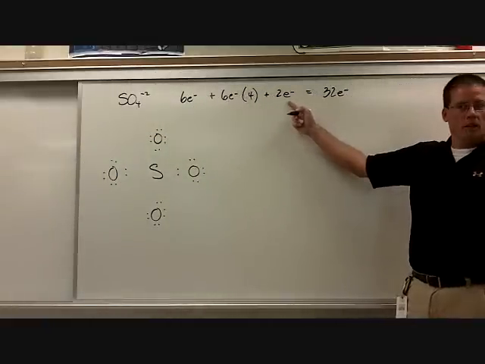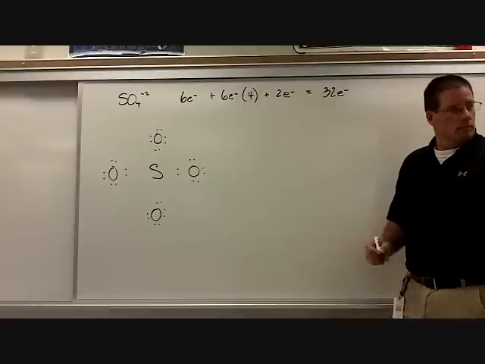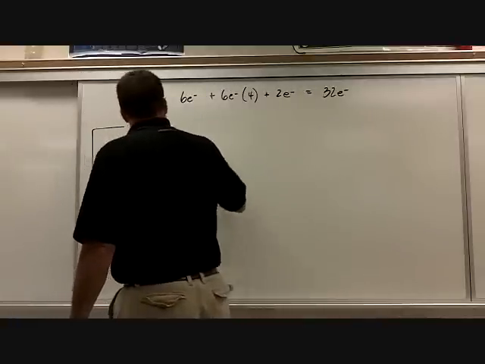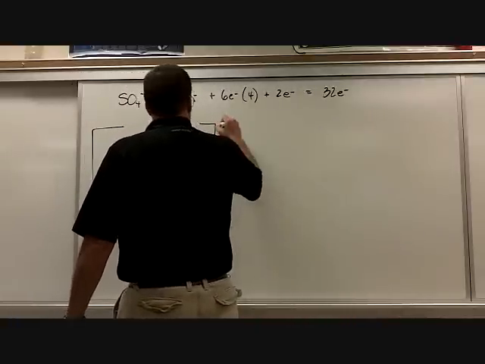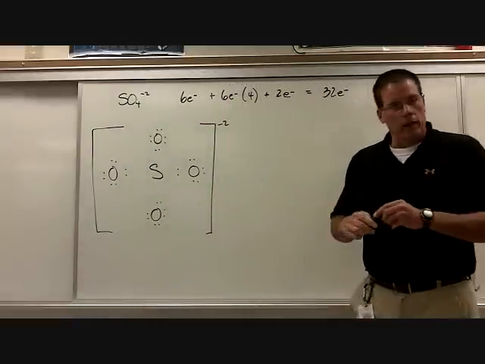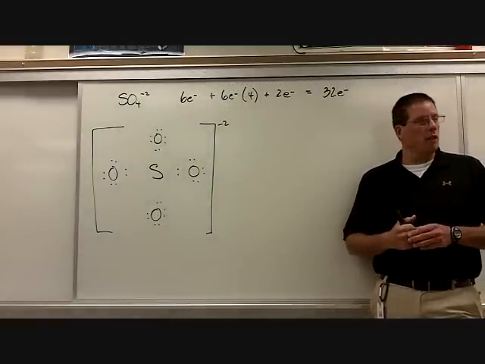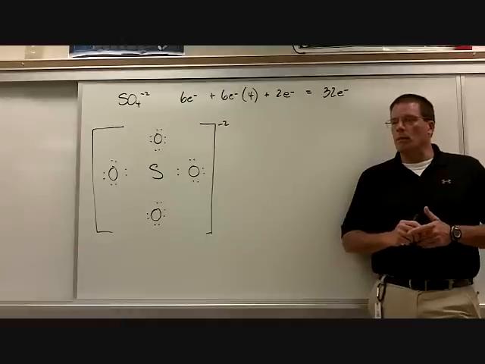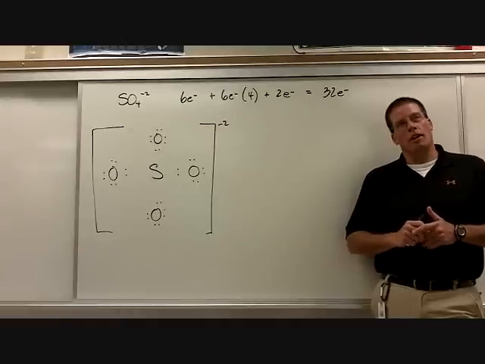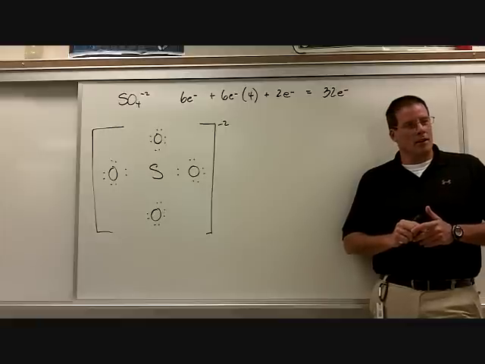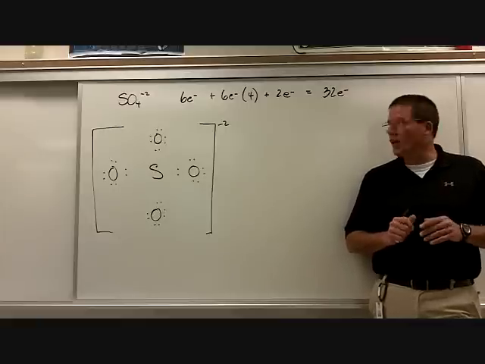What's the -2 mean again? We had to add 2 electrons to make sure everybody was happy. So that means we need to put brackets around all of that. And if you were in general chem or you drew this yesterday, we'd be done and you'd be happy. And I'd be thinking to myself, they're going to learn how to do it right tomorrow. And that's fine. I don't have a problem with that.